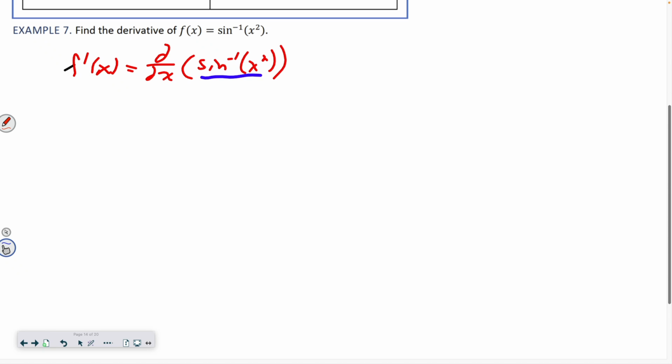Joan, this is some sort of function, right? And it has an inner function, doesn't it? Right? Joan, if this was the inverse sine of a, then what would you say? Well, what's the derivative? The derivative is 1 over the square root of 1 minus a squared, wouldn't you? Except it's not a. What's in there? x squared. So it's x squared squared.